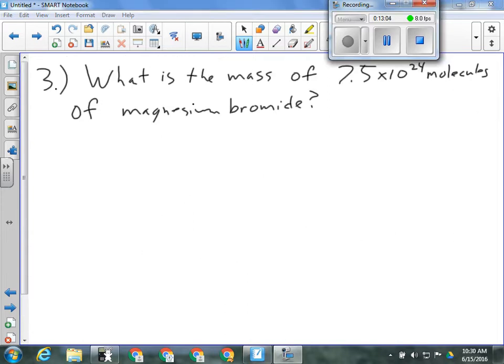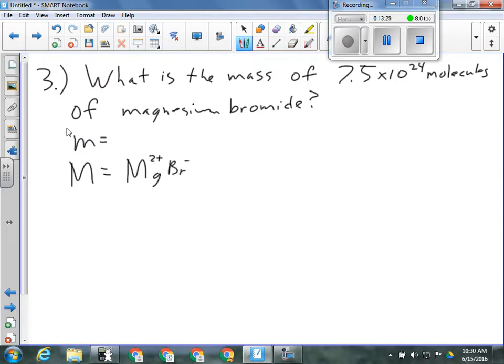Okay, so this is the first type of question that involves the use of Avogadro's number. Okay, so what's the mass of 7.5 times 10 to the 24 molecules of magnesium bromide? Okay, so if I want to find little m, I need N and I need big M. So I can calculate big M right away. Okay, it's going to be magnesium bromide, so Mg, which is 2 plus, Br, which is -1.